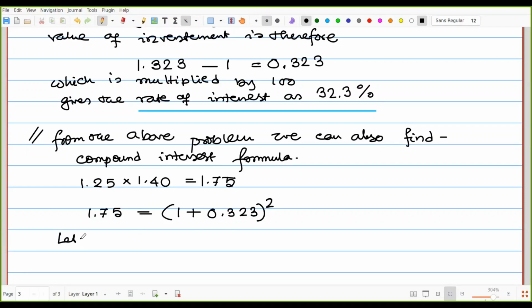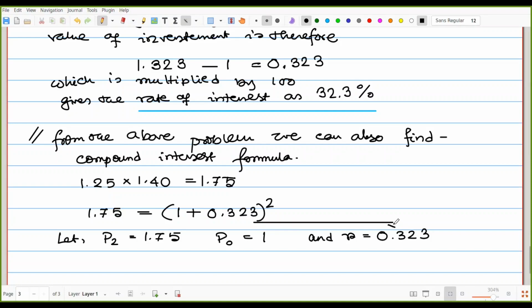Let P2, that means after the second year, the principal amount, be 1.75. Then P0, at the start, the principal amount was 1. Then R, the rate of interest, is equal to 0.323.